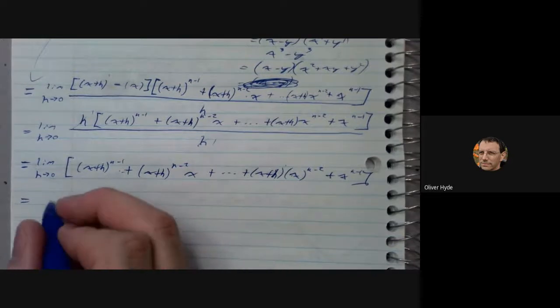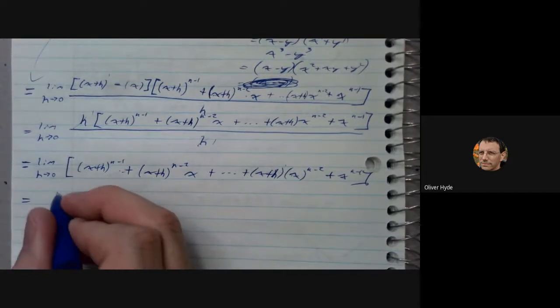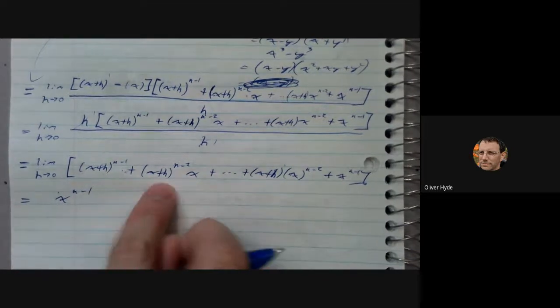Now let's start tidying things up, because this is now out of the indeterminate form. It is now in a determinate form. And I'm going to use the limit of a sum property and the limit of a product property all together as one. As h approaches 0, this right here is going to go to x to the exponent n minus 1. As h approaches 0, x plus h approaches x.